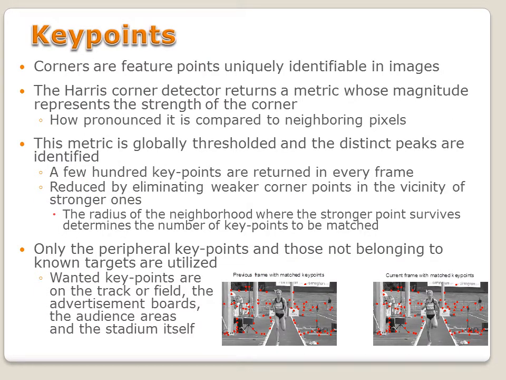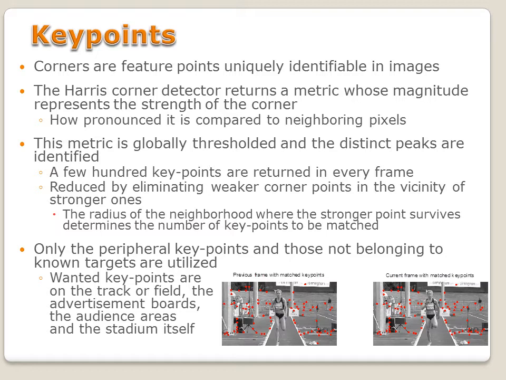The corners are used as feature points because they are uniquely identifiable in images. The Harris corner detector returns a metric whose magnitude represents the strength of a corner. This gives us information on how pronounced the corner is compared to neighboring pixels. This metric is globally thresholded, and the distinct peaks are identified.